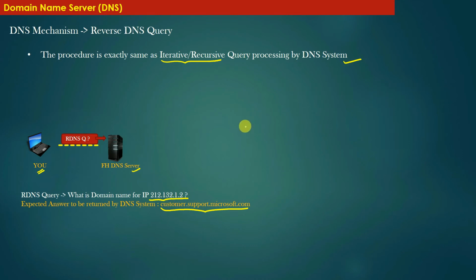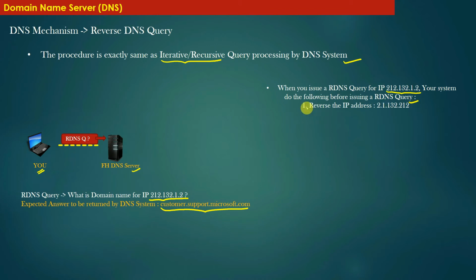So as a first step, when your DNS client issues a reverse DNS query for IP address 212.132.1.2, your system does the following before actually issuing the reverse DNS query. The first step is that your system actually reverses the IP address, so you can see that the octets of the IP address are reversed.